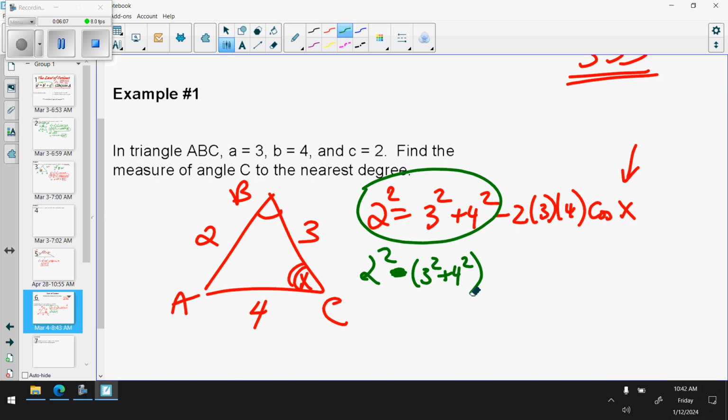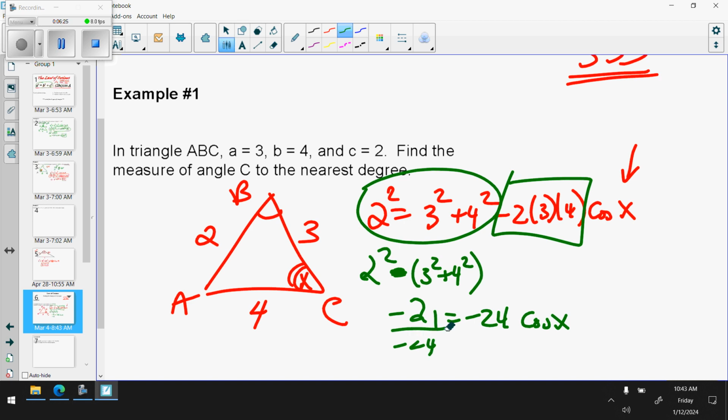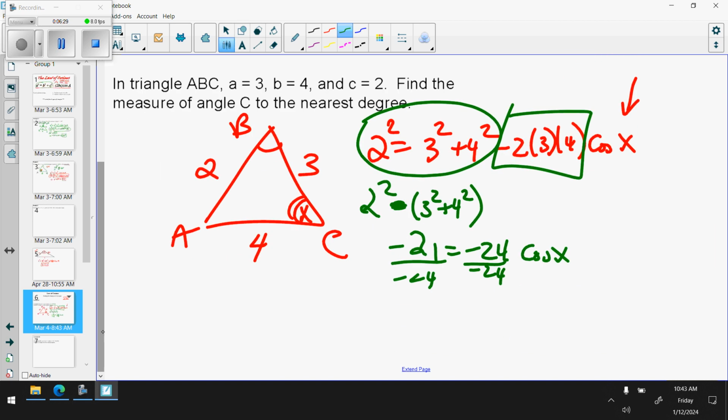Most of the time it's negative. It doesn't have to be. So negative 21. Then I'm going to multiply these 3 numbers together: negative 24 cosine of x. I divide by that. So then I get cos x is 21/24.